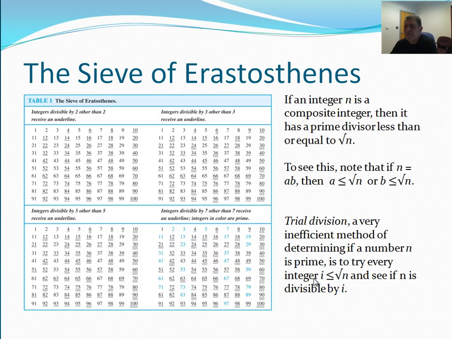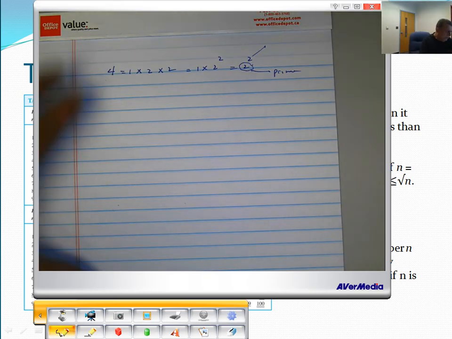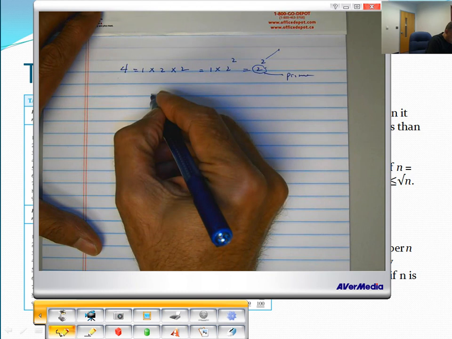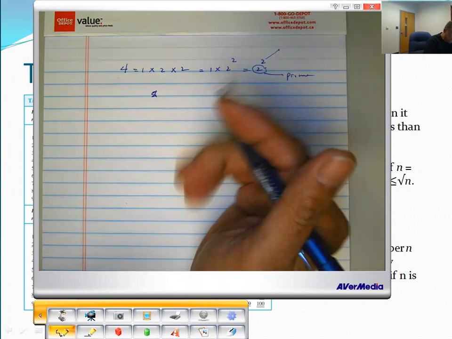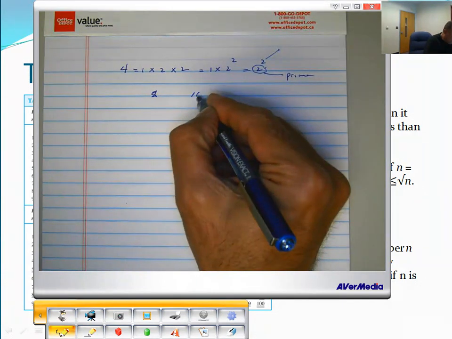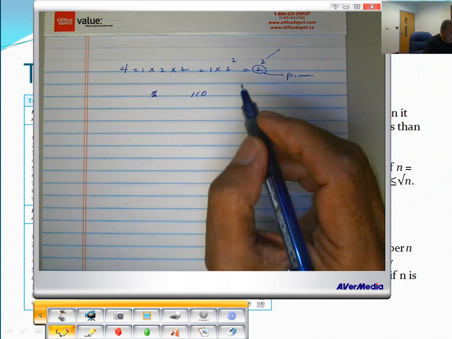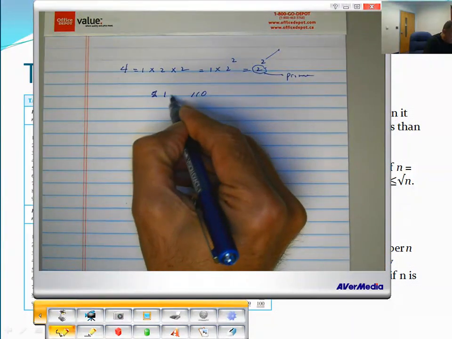And another way of finding the prime numbers between 1 and some number, let's say 1 and 222, or 1 and 250, or 1 and 260, the easiest way to do it is a theorem. For example, let me pick a number that makes it easy.